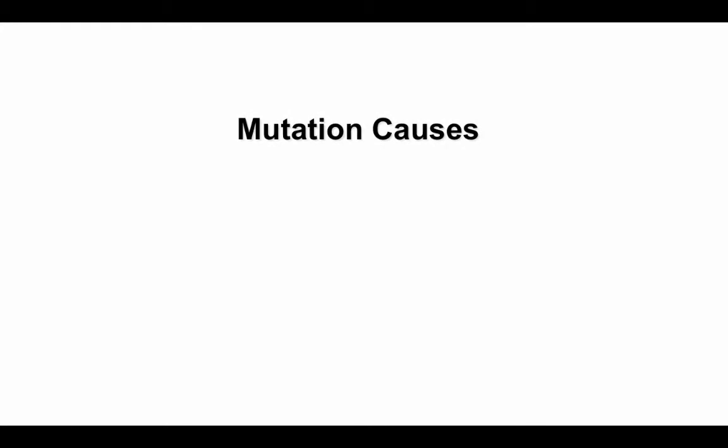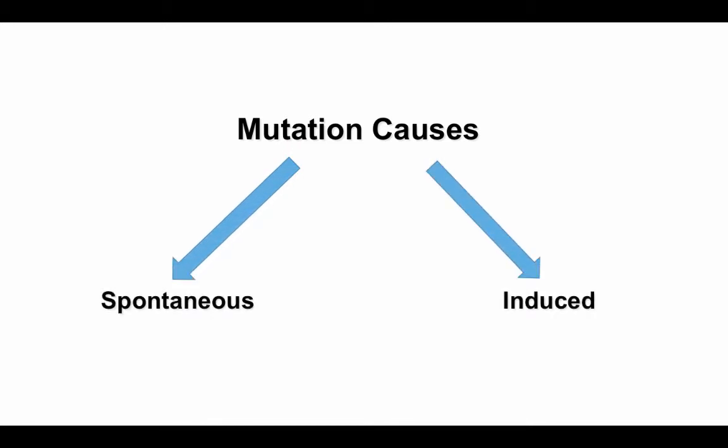In addition to classifying mutations according to the type of cell they originate in, mutations can also be classified according to their root cause. In general, the causes of mutations can be broken down into 2 broad categories: spontaneous versus induced.